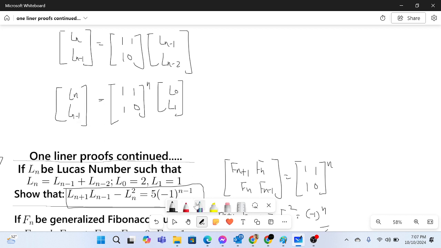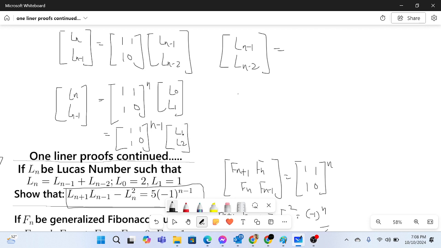Okay, now what I further want to show you is, if I have, let's say, L_{n-1} L_{n-2}, we can get this number. I will write this as something different. I will write this as 1 1 1 0 to the power n minus 1. I'll show the reasoning later on, and here L1 L2.